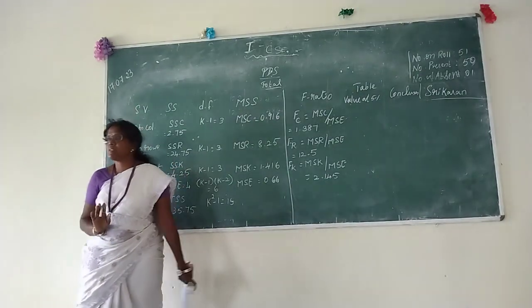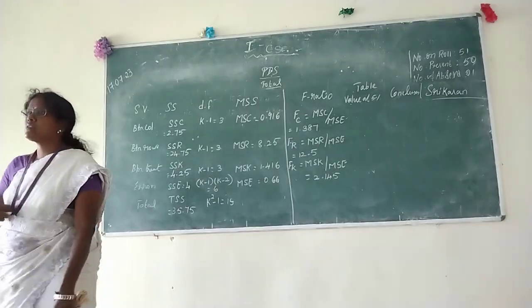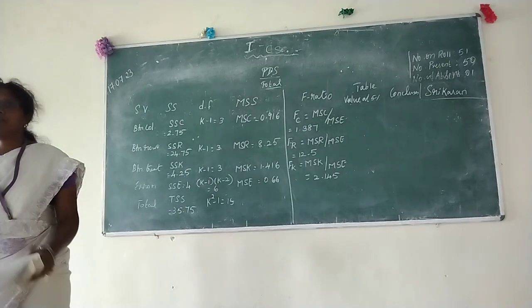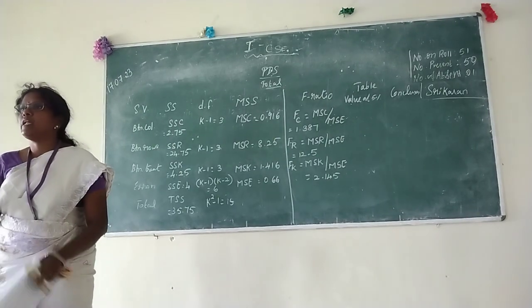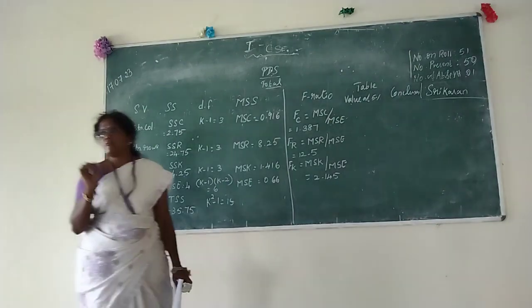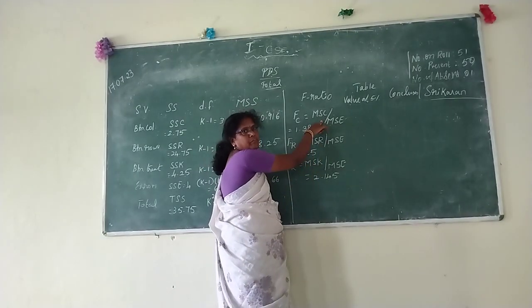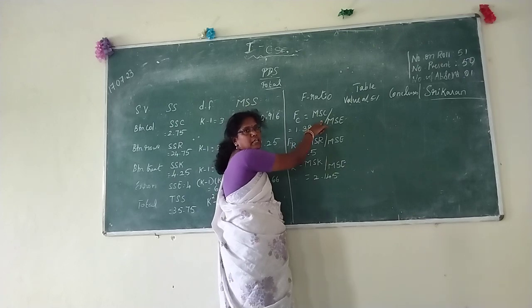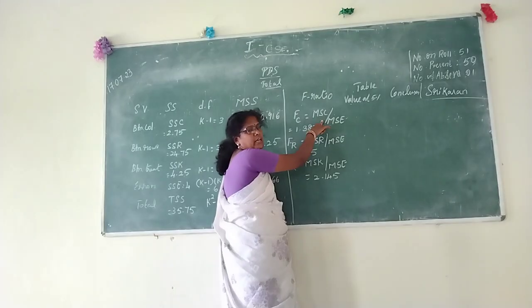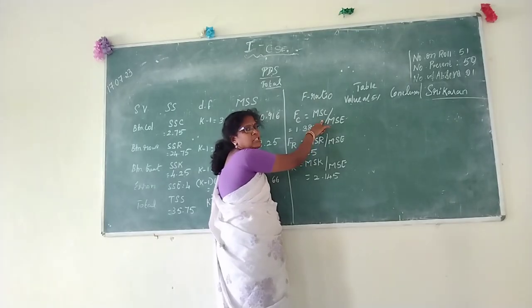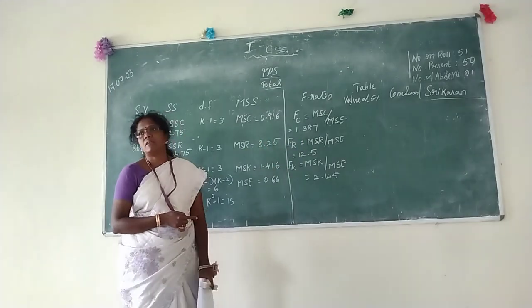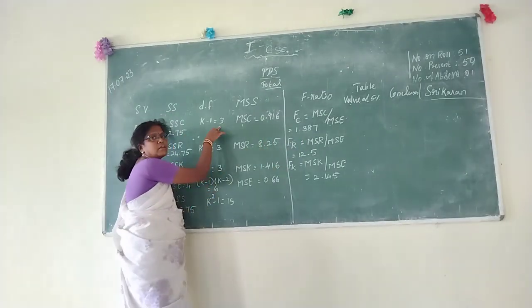Is everyone getting the same answers now? Any doubts? Now write the degrees of freedom properly, numerator first, then the denominator. For column, what is the degrees of freedom? Say it louder. MSC degrees of freedom is 3.